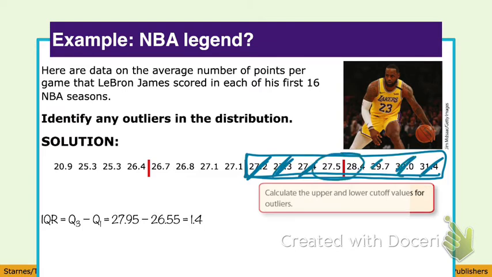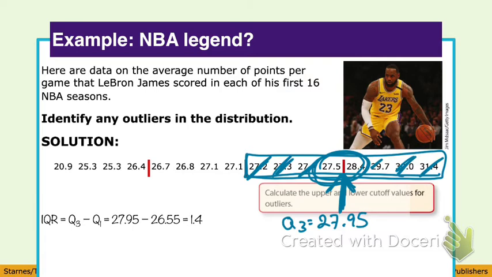These two are in the middle. And so I find that actual middle here, and that is 27.95. So that's my Q3 value, 27.95. Now I have my Q1, I have my median, and my Q3.